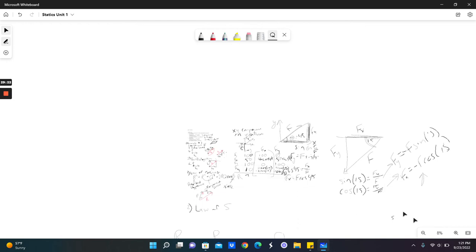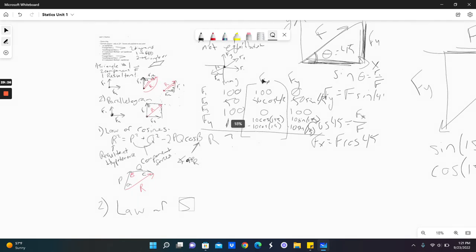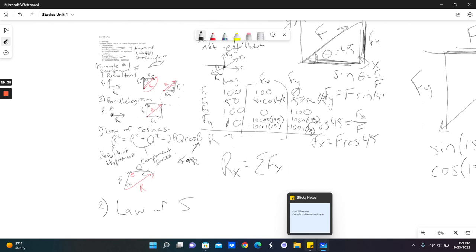The x component of the resultant force is going to equal the sum of the Fx's. The y component of the resultant force is going to equal the sum of the Fy's.